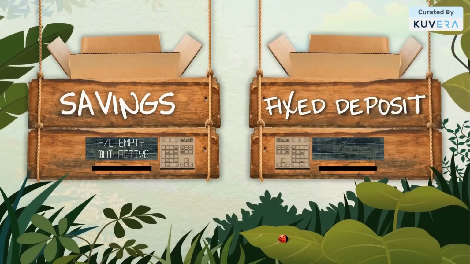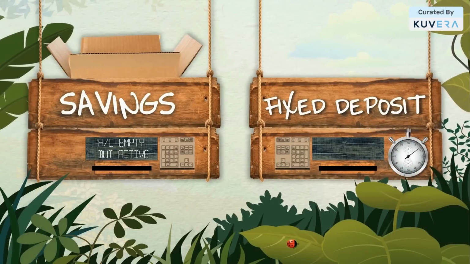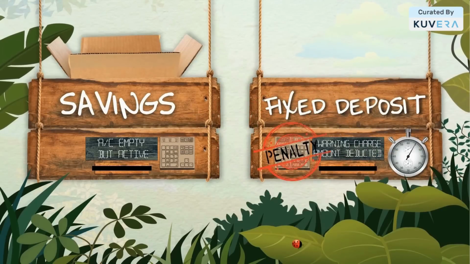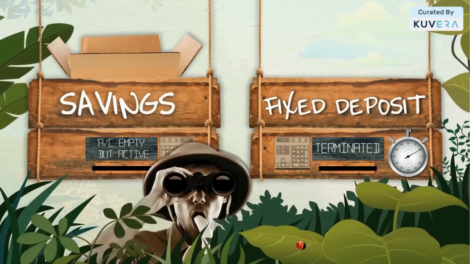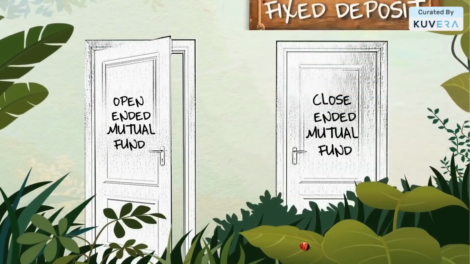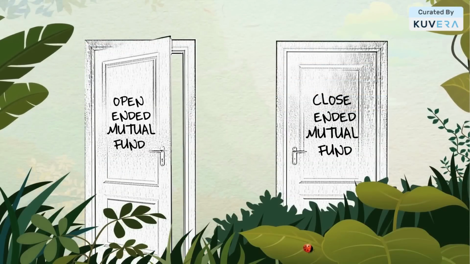On the other hand, the fixed deposit account you open needs a certain amount to be invested for a certain period of time, and you may not be able to take a small amount out midway without incurring a charge, or in most cases, terminating the same. Similarly, the open-ended mutual fund is like a savings bank account, and the close-ended is like a fixed deposit.